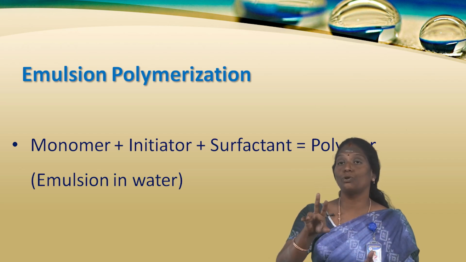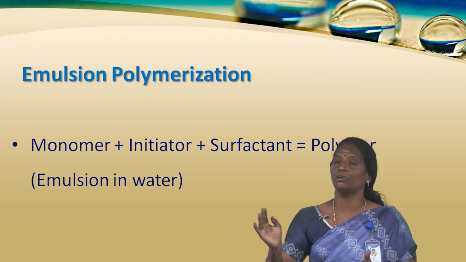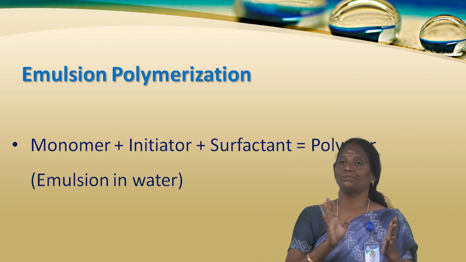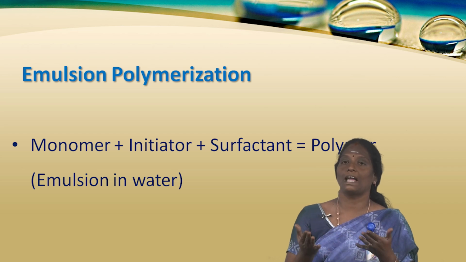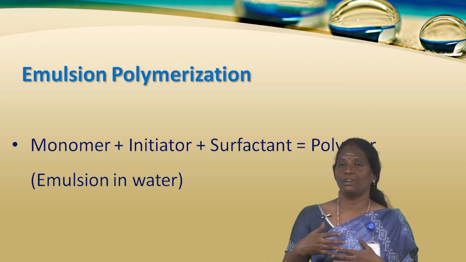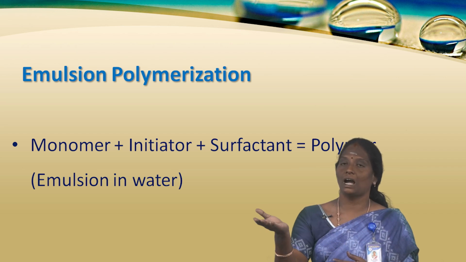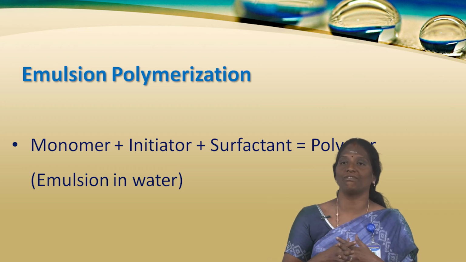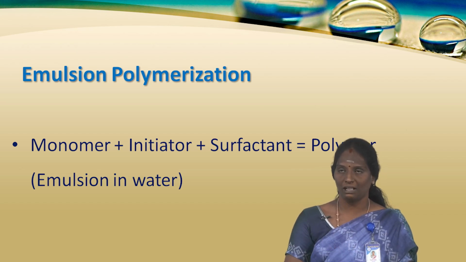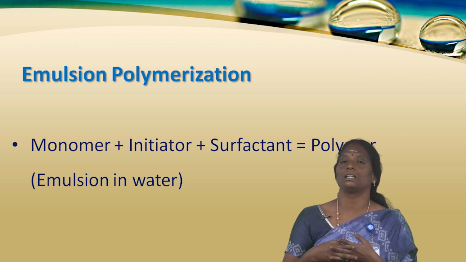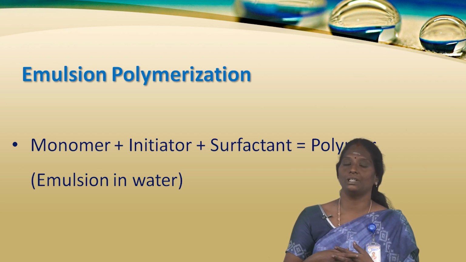After 4 to 6 hours, it takes a long time. The pure polymer can be isolated from the emulsion by addition of a de-emulsifier. The de-emulsifier we use for this purpose is 3% solution of aluminum sulfate.